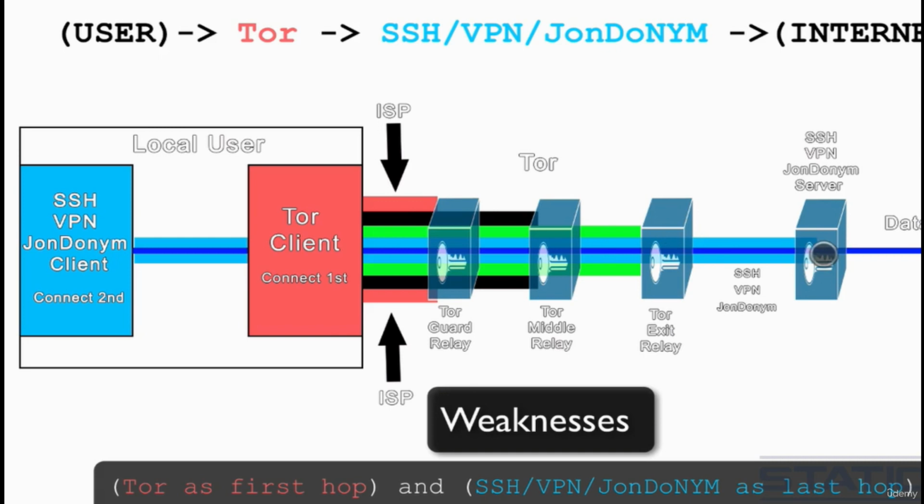Before this, multiple hops are connected, and the local user or Tor client first goes to the Tor guard relay, with the help of the ISP, but at the last the SSH, VPN, Jondonym server stops it. The SSH, VPN and Jondonym server is the best protection against the local user or Tor client.